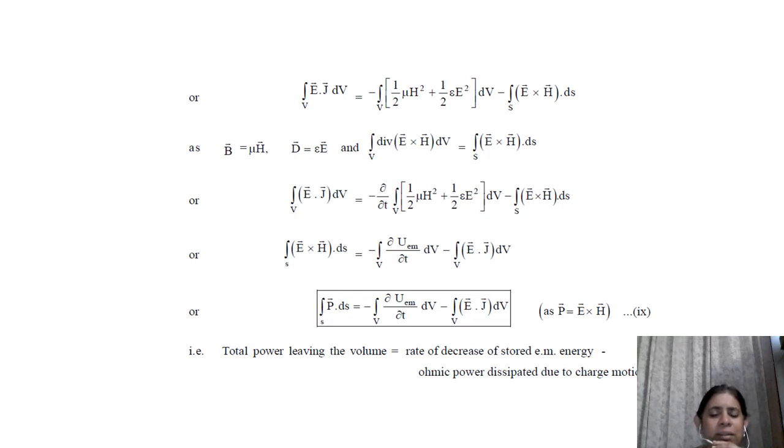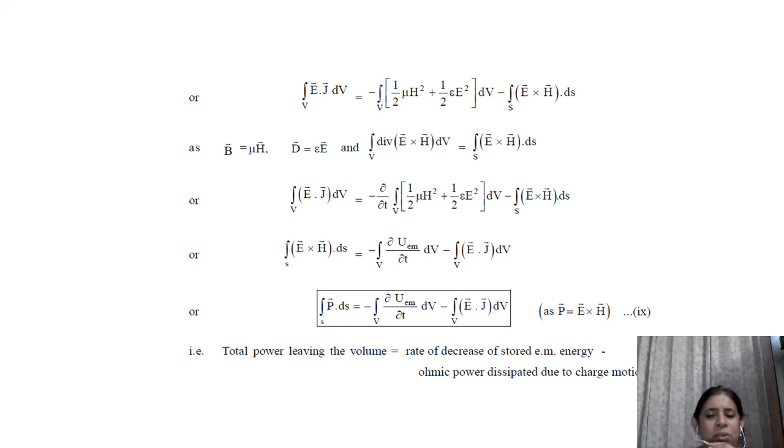Now in order to understand what's happening here, half mu H square is basically the energy carried by the magnetic field, and half epsilon E square is the energy carried by the electric field. In the electromagnetic fields, half mu H square is the part which is carried by the magnetic field, and half epsilon E square is the part which is carried by the electric field.